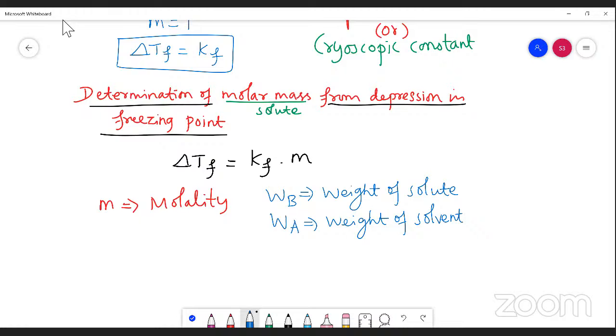So you are taking WB gram of a solute and dissolving it in WA gram of a solvent, where WA is the weight of the solvent. Now I am going to find what this molality is.